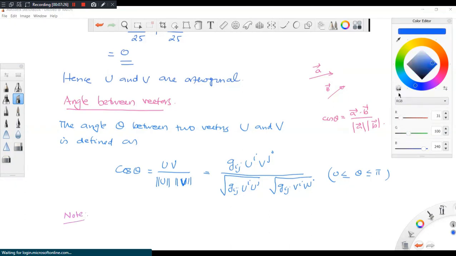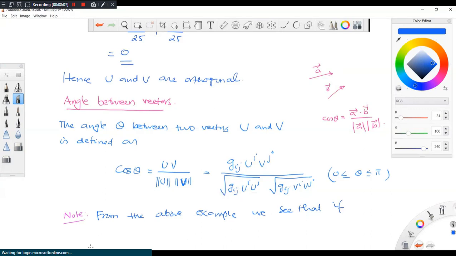From the above example, we see that if the vectors are orthogonal, g_ij u^i v^j equal to 0, and hence cos theta equal to 0.